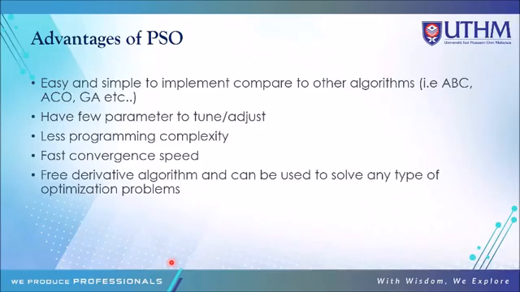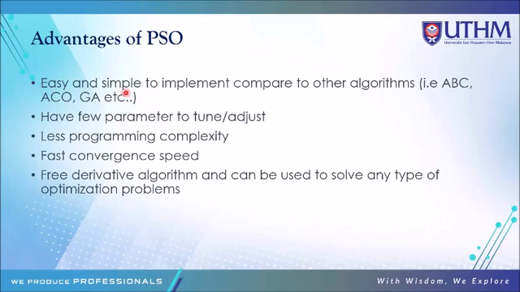So what we can conclude from this sharing session is that PSO has several advantages. Number one, it is easy and simple to implement, compared to the genetic algorithm, the artificial bee colony algorithm, or the ant colony algorithm.